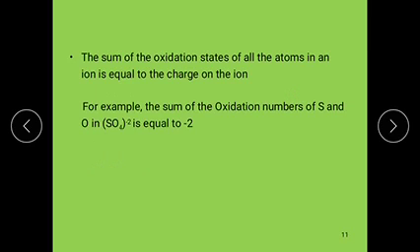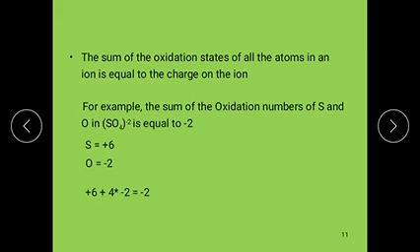The sum of the oxidation numbers of sulfur and oxygen in sulfate is equal to -2. That is, sulfur oxidation number is +6 and oxygen is -2. Then +6 plus 4 into -2 equals -2, the charge of the ion.